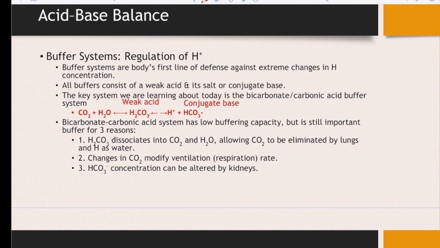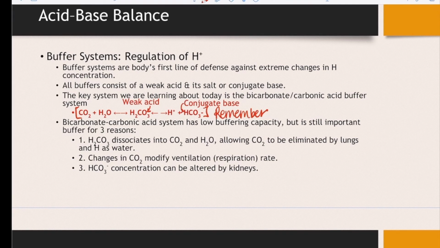So here I've labeled this really important chemical equation. This is super, super important, and you should remember it. I've labeled who our weak acid is, and that would be the H2CO3, as well as our conjugate base, which would be the HCO3 negative. So just a regular old buffer system.